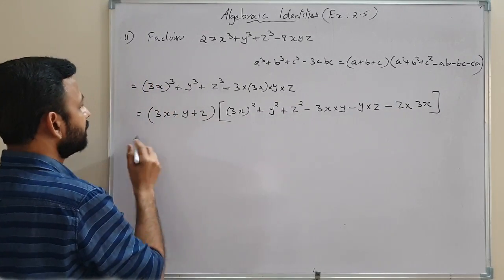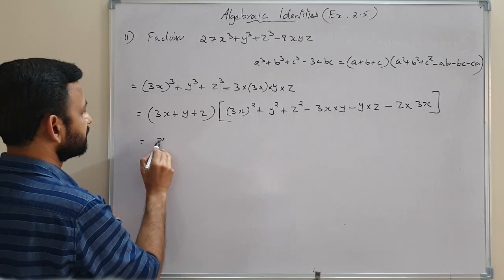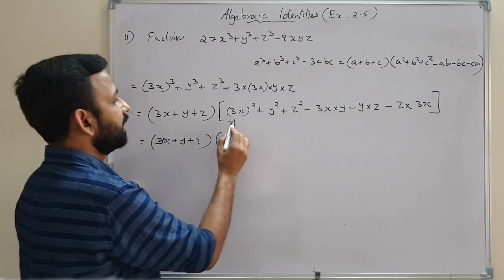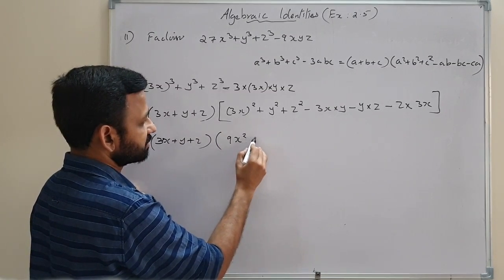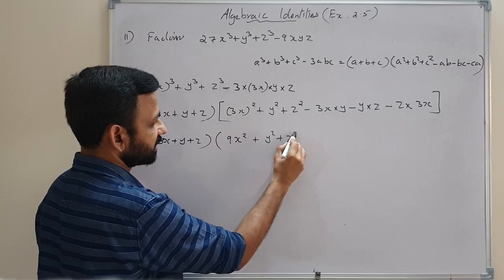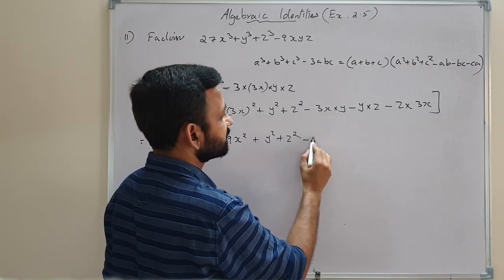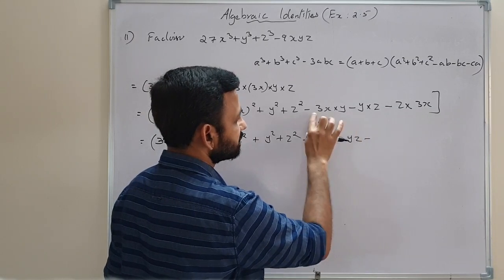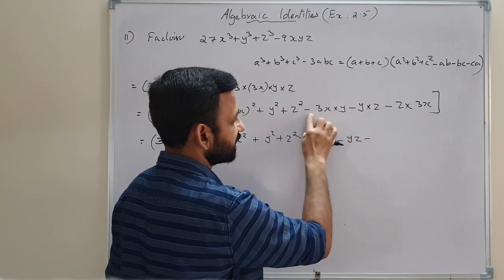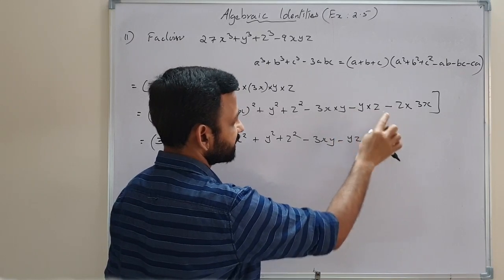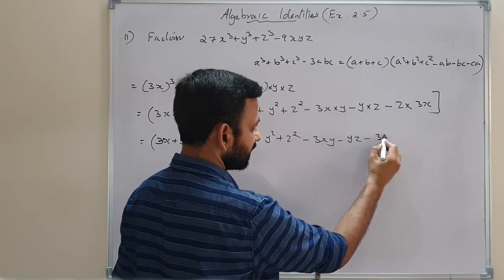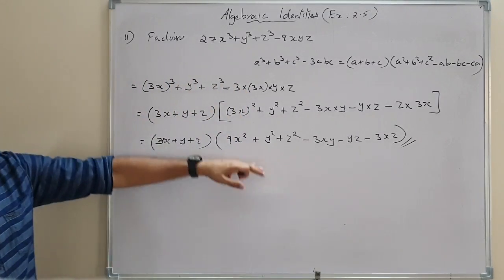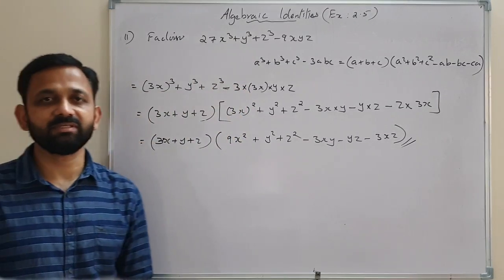So when we simplify, we will get the final answer 3x plus y plus z into 9x square plus y square plus z square, then minus 3xy, minus yz, minus 3xz. So we got the answer. So that is the factorization of this expression. Okay.